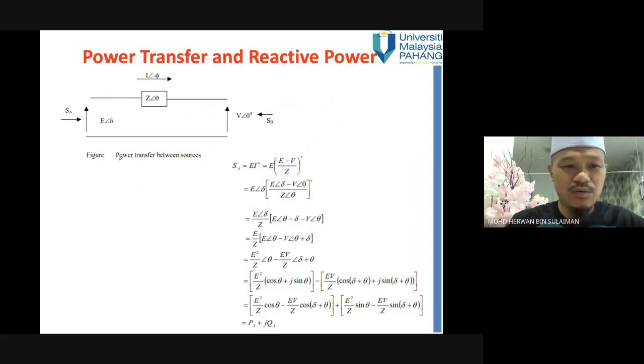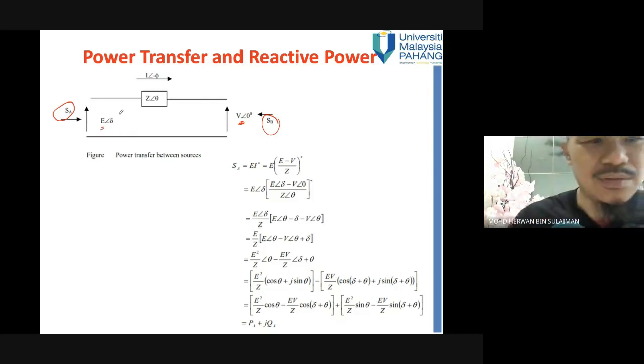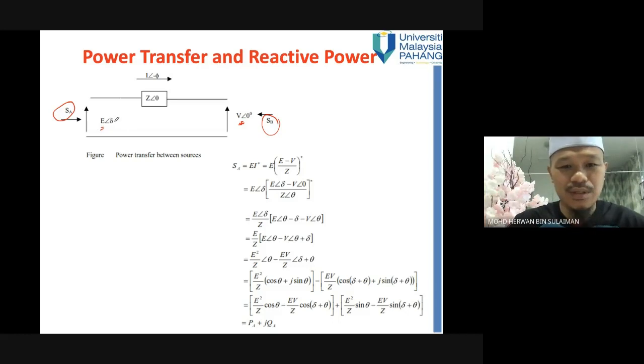Let's say we have our power transfer: SA represents the apparent power from bus A, your sending end. SB is the receiving end. V is our receiving end voltage. E is the excitation voltage for A.